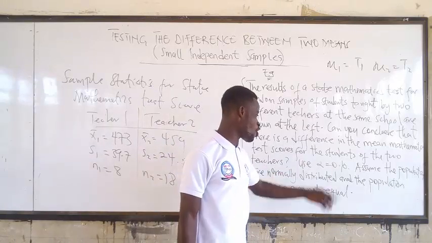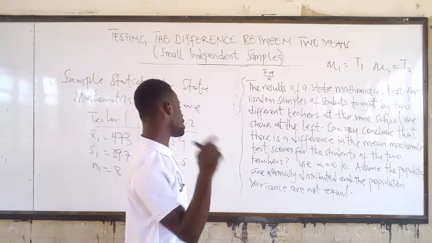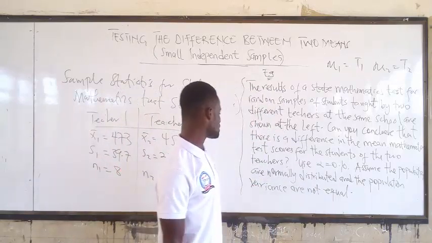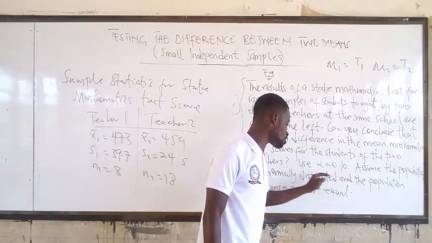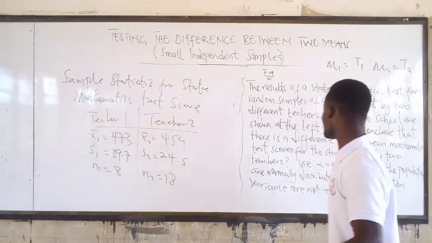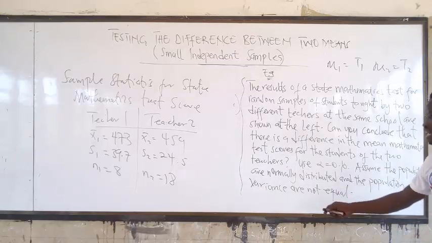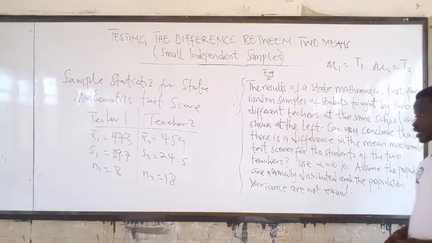Use alpha level of 0.10. Assume the populations are normally distributed and the population variances are not equal. In fact, not all questions will tell you that the population variances are not equal. Okay? Alright.